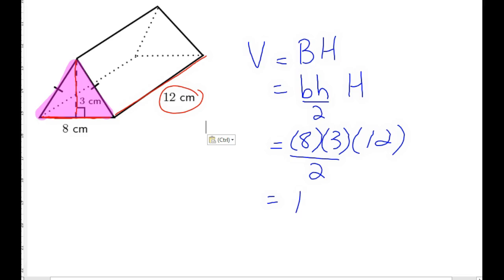And that gives me 144 centimeters cubed. Now remember, I'm taking centimeters here and multiplying them by centimeters and by centimeters. Centimeters times centimeters times centimeters, and that's where I get my cubic units from. I'm going to double check that calculation just to make sure. So 8 times 3 times 12 divided by 2 gives me 144 cubic centimeters. Hopefully that example will help you to perform some of the questions in your workbook.